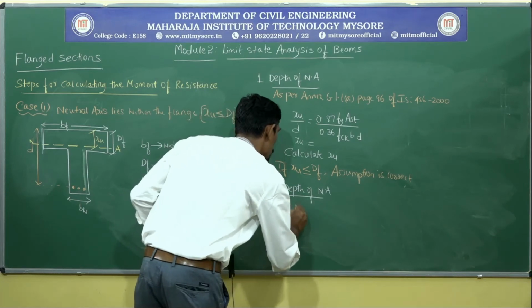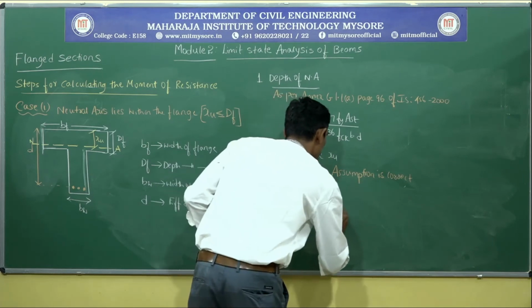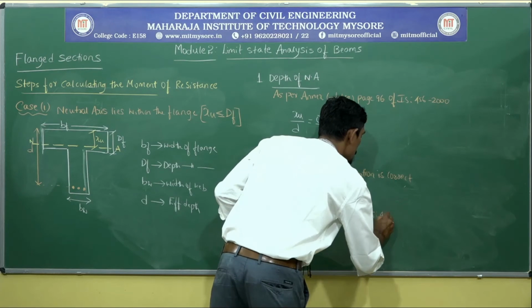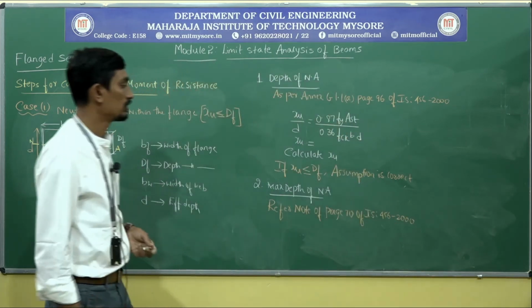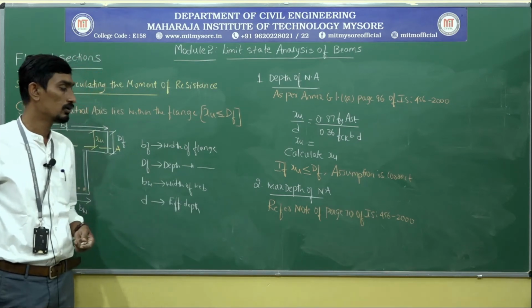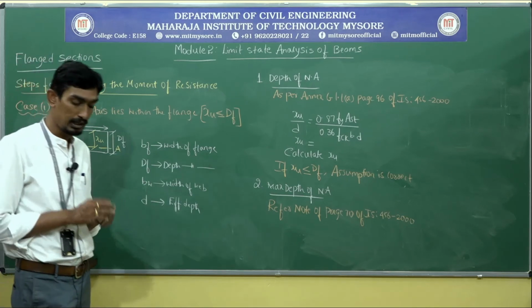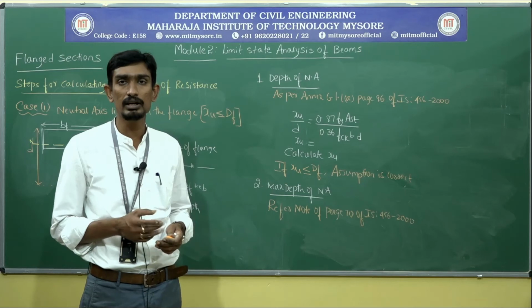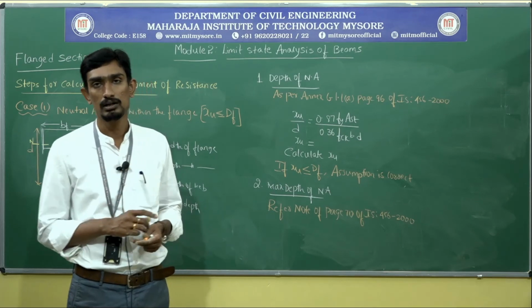Refer to the note on page 70 of IS 456 2000. Based upon the grade of steel or yield strength of steel, we are going to pick up the XU max by D value.